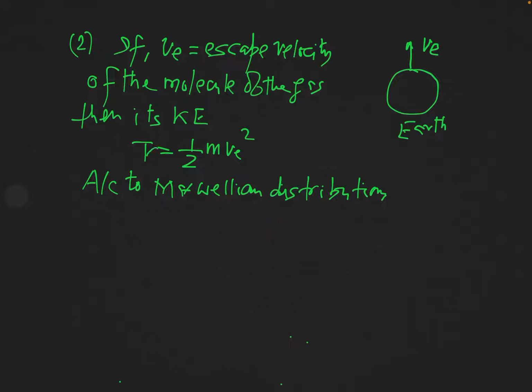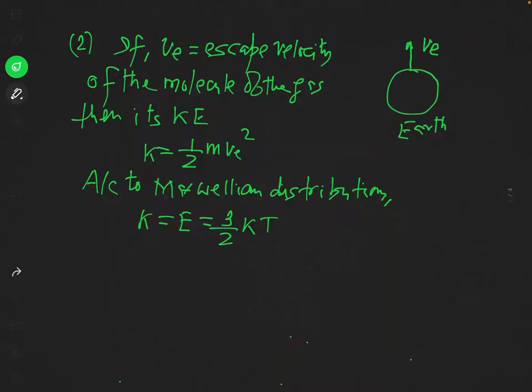Sorry, I am writing this kinetic energy K here, not T, because that will be confused with temperature T. So K is half m v square, but according to Maxwellian distribution, this kinetic energy is equal to E, and this E is equal to 3/2 kT.